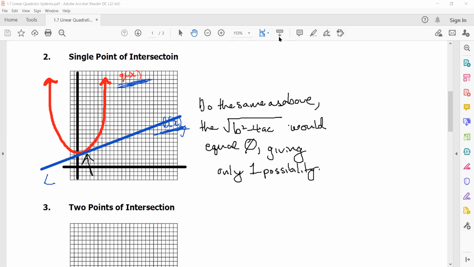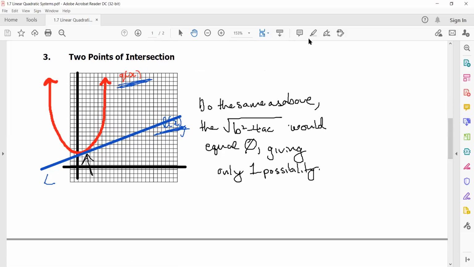I'll stop again. Any questions? No? Okay. Well, for the two intersections, it's the same idea. I'm going to move my blue. It's going to cross the parabola at two different locations.